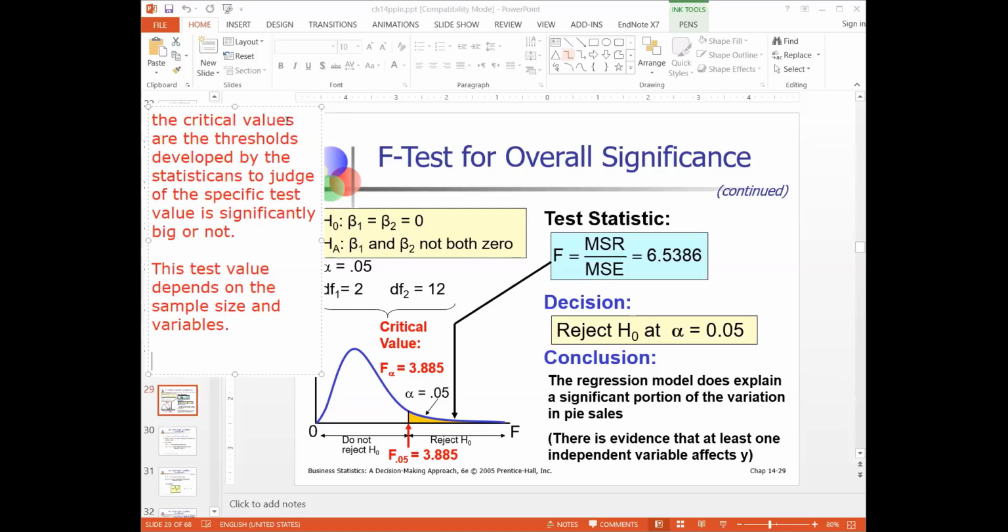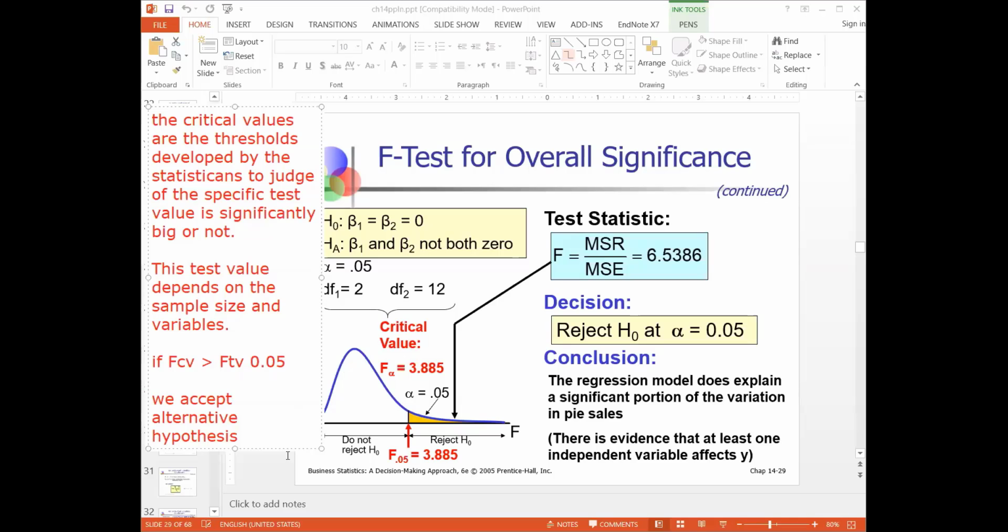So let me interpret it. If the F calculated value is above the F table value or critical value at 0.05, it means that we accept the alternative hypothesis. So we accept the alternative hypothesis.